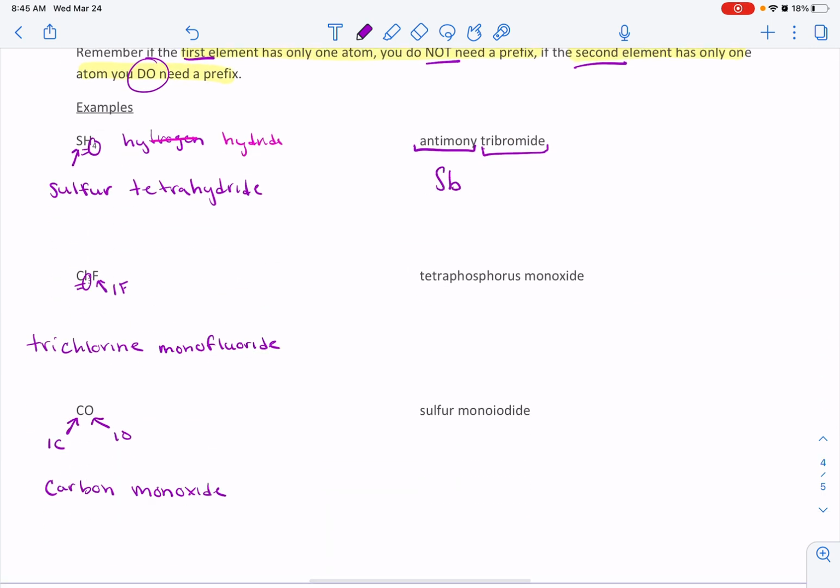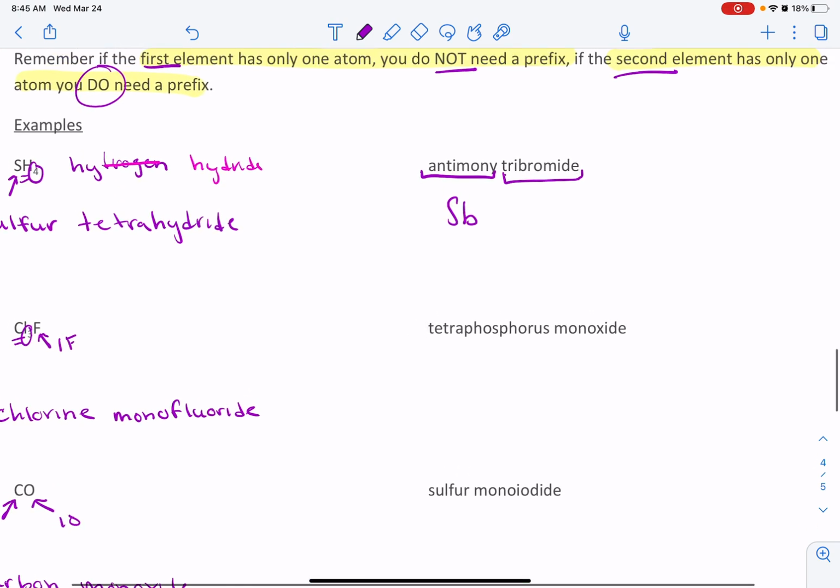So we write Sb, and then tribromide. Bromide comes from bromine, so Br, and then tri is 3. So we can either write this as Sb1Br3, or just SbBr3. I know there's only one antimony because there was no prefix.